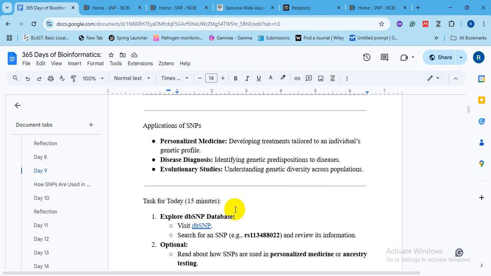The last one is the task. This task, number one, is to explore the single nucleotide polymorphism SNP databases. We will visit the site and search for a SNP called this. I will copy this SNP.